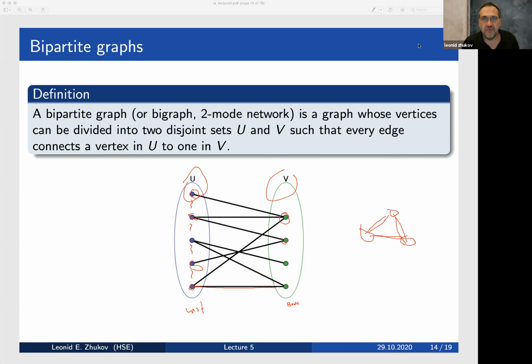So now, how do we deal with these networks? Well, one trick is that you can work with them exactly the same way as with any other, as a sort of unipartite network, right? You can completely ignore the fact that there are 2 types of nodes. You can close your eyes to that and run exactly the same algorithms, exactly the same clustering algorithms, exactly the same centrality measures.